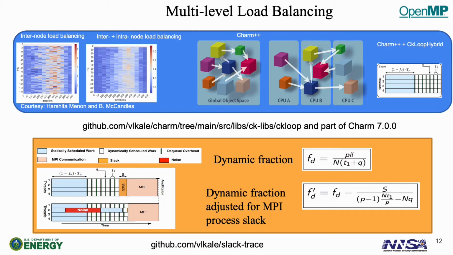I've worked on the expansion and extension of this work to address multi-level load balancing. Essentially, there are two aspects to this. One, how is load balancing across nodes, or maybe a set of topologically near nodes, impacted by this low-cost loop scheduling within each node?